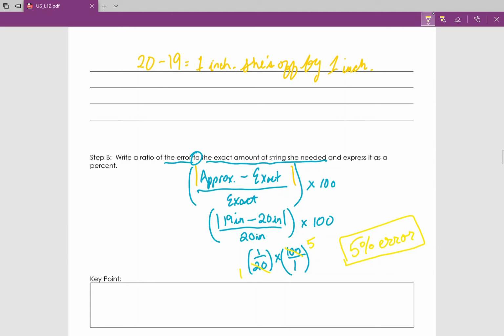So now, how do we calculate our percent error? We used our formula. We're going to write in the key point box the percent error compares the absolute value, the absolute error, to the actual value.